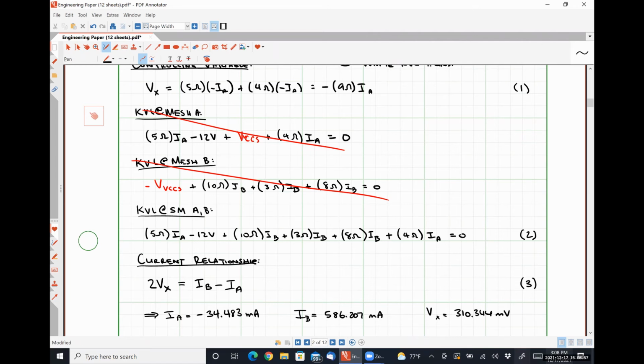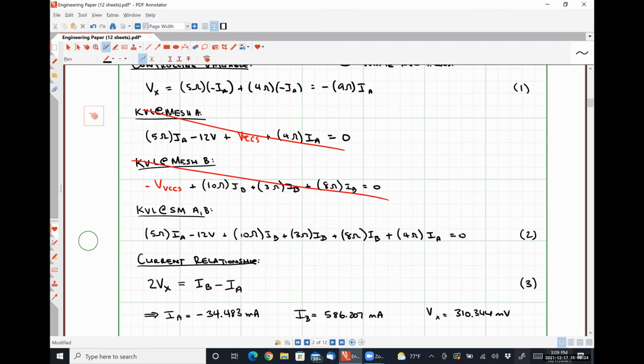So what are your coefficients for IA in your first equation? Okay, what's your coefficient for IB? So Vx should be -1. The reason why I say that is because we need to move Vx onto the same side of the equal sign as all of our variables because it's a variable.